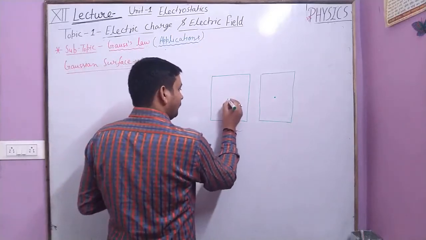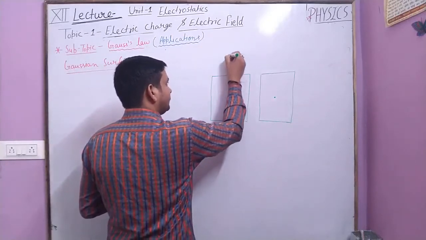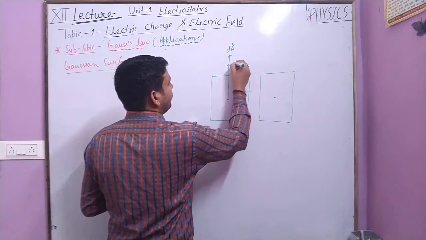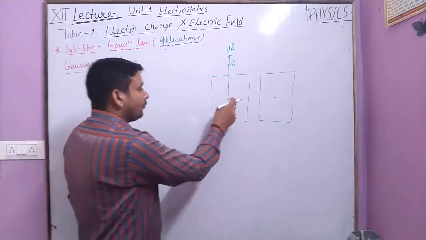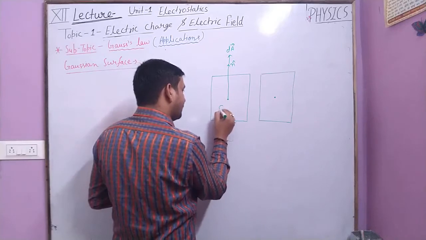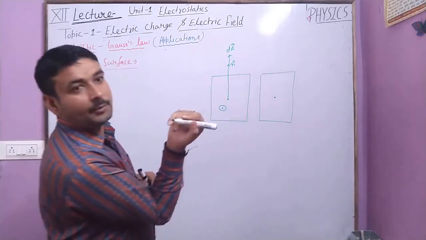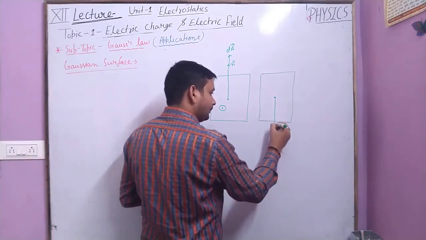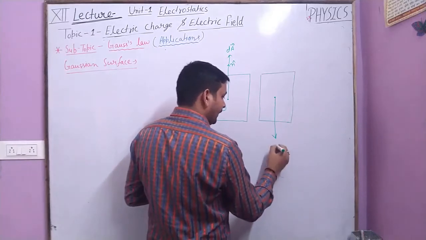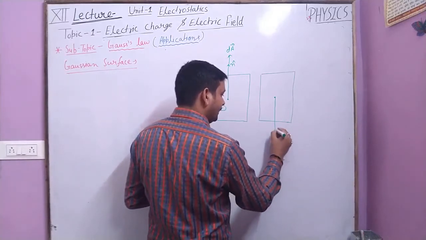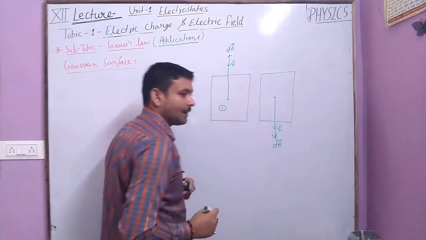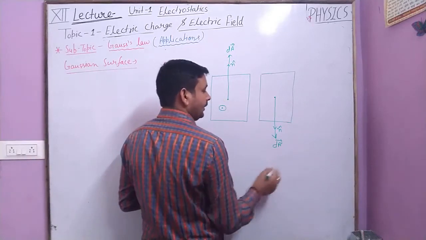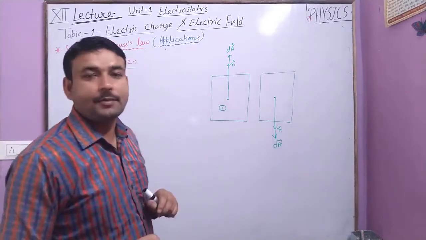So when we define this area vector dA in the direction of unit vector n cap, we can say the area vector is coming out from the plane of paper, and for this one, if we define it in such a way that this is the direction of the area vector with unit vector n cap dash, we can say area vector dA dash.